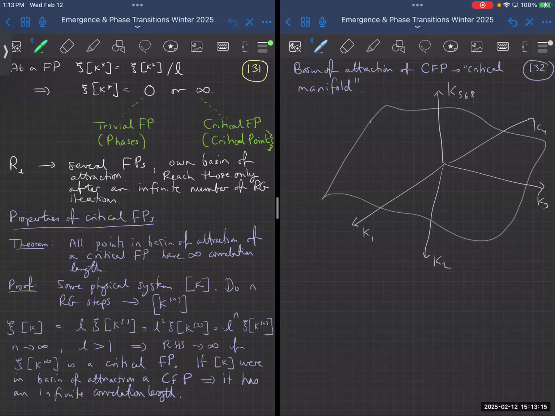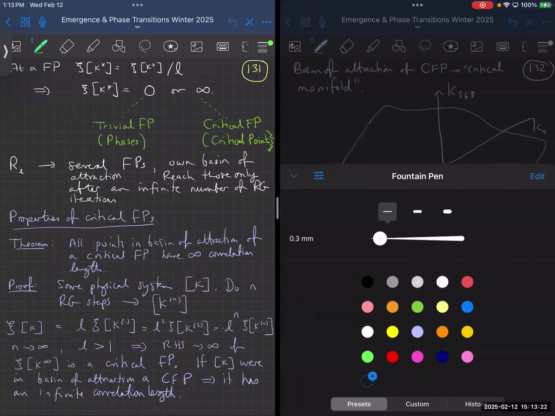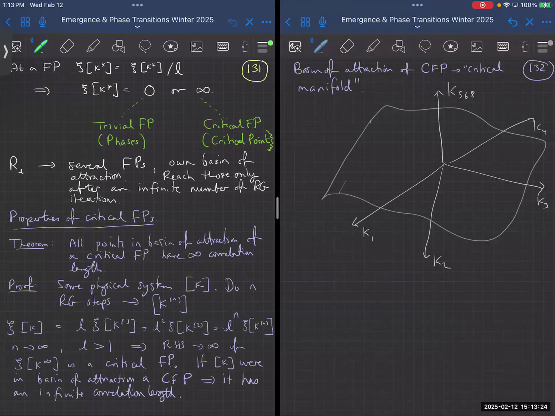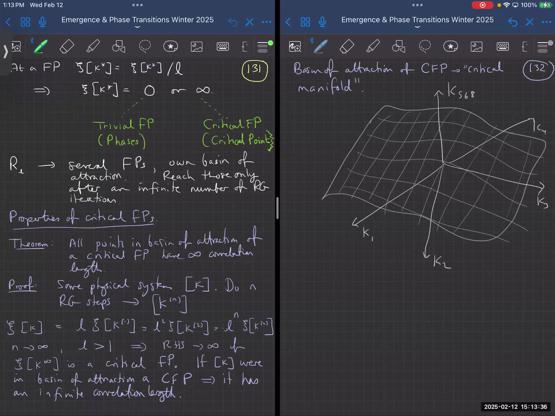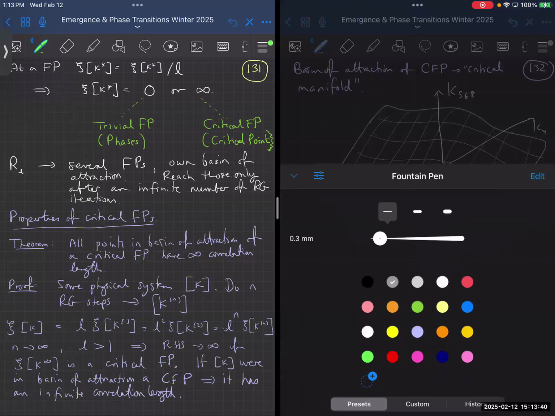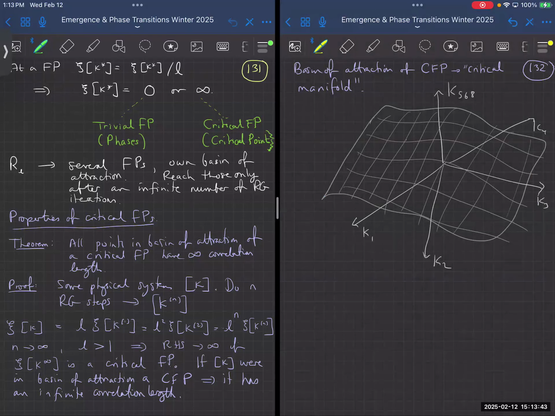I have a critical manifold which is in that space. So that's this thing that I've drawn over here. Let me try to make it look more manifoldy. So something like that. And then somewhere in here, there is a critical fixed point.